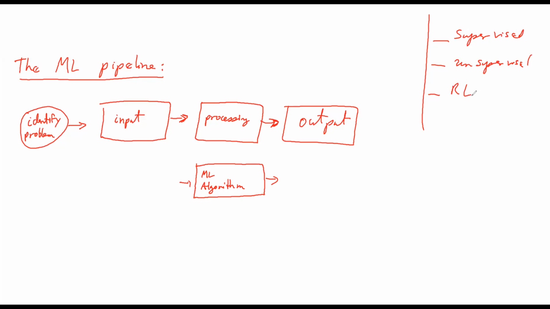In reinforcement learning, it predicts some kind of action to take. In supervised learning, it predicts some kind of a class. So if we're looking at images of cats and dogs, is it labeled as a cat? Is it labeled as a dog, right? In unsupervised learning, which we will learn when we look at the k-means algorithm, it basically has to do with grouping things.